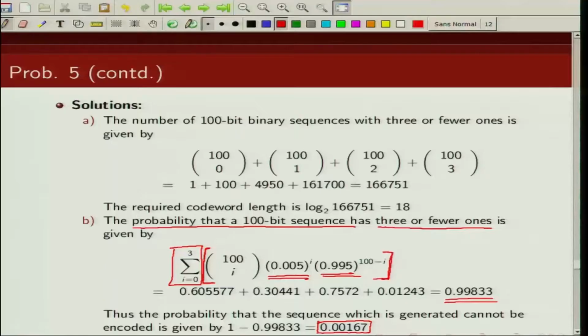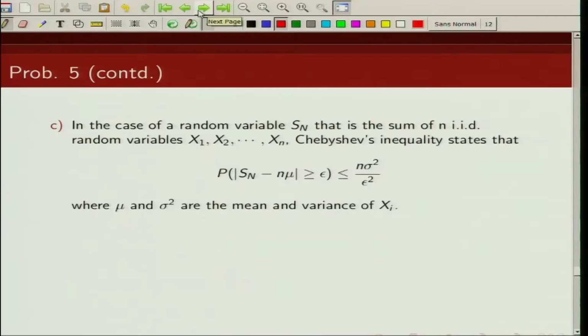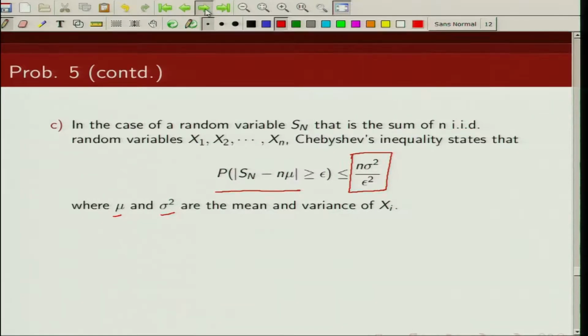Okay. Next we are going to use Chebyshev inequality, which basically says that if Sn is the sum of n IID random variables, then the probability that the absolute difference between the sum and n times mu is greater than or equal to epsilon is bounded by n times sigma square divided by epsilon square, where mu is the mean of xi and sigma square is the variance of xi.